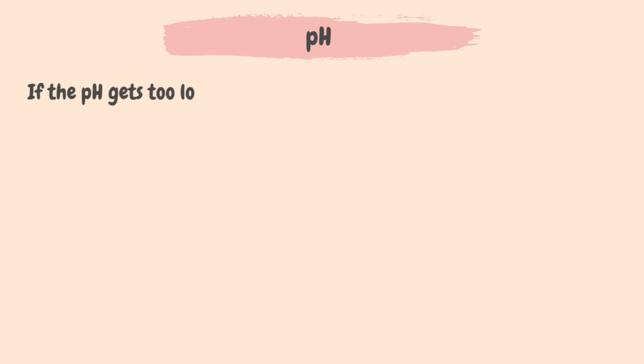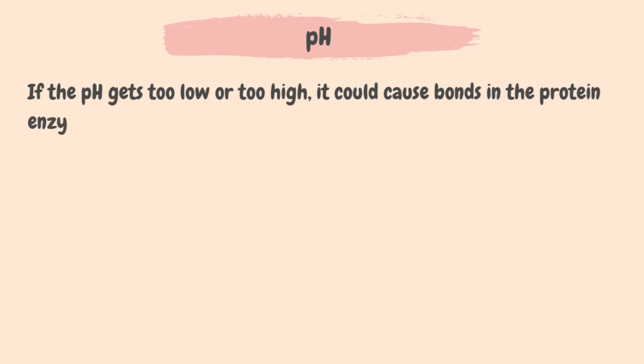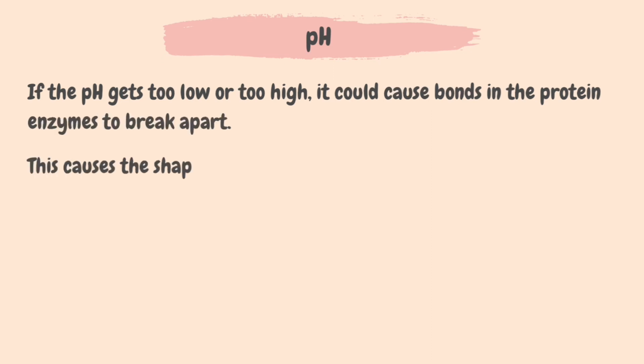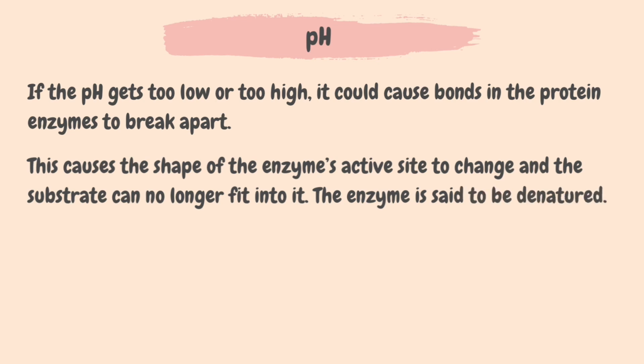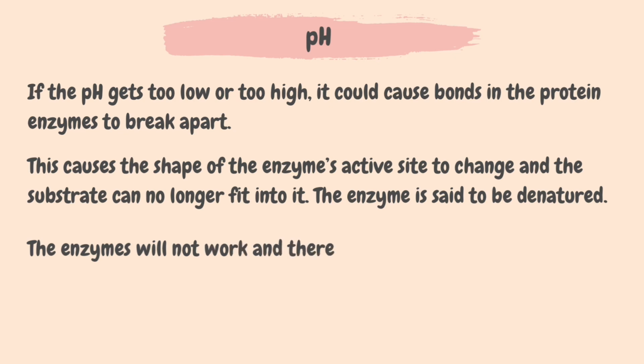If the pH deviates too much from their optimum, it will cause the bonds to break in the enzymes, thereby changing the shape of their active site, resulting in the enzyme getting denatured. The substrate will not be able to fit perfectly in the active site. This means the enzyme cannot function anymore.